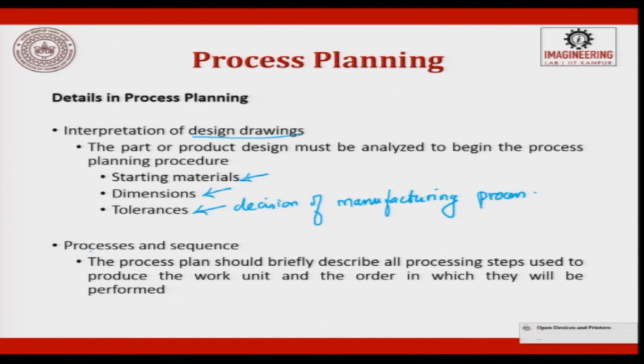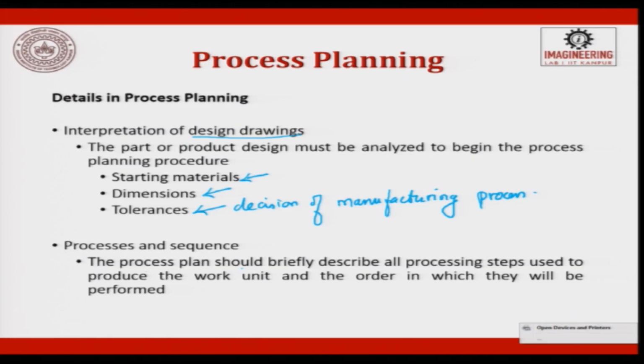Then he tries to decide the processes and sequence. The process plan should briefly describe all processing steps. So, you have a blank now, and this blank is getting modified at each machine and moving towards the final part. So, what is the list of operations done at every machine, and how the blank is getting changed going towards the output has to be spelt out.